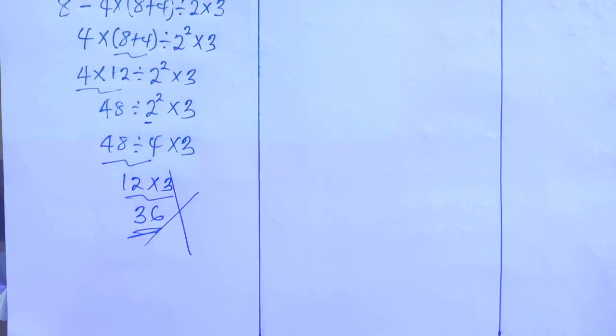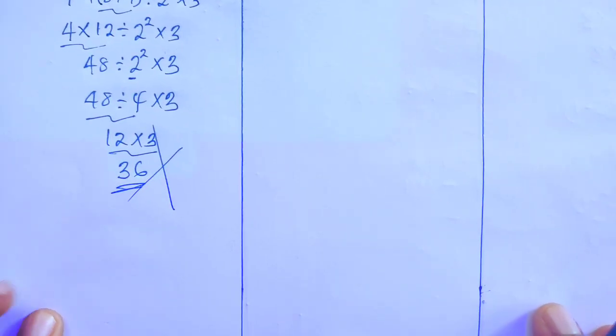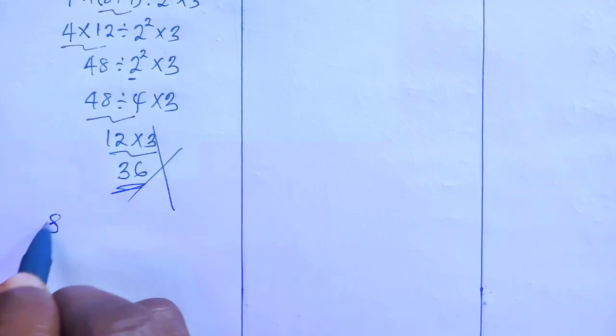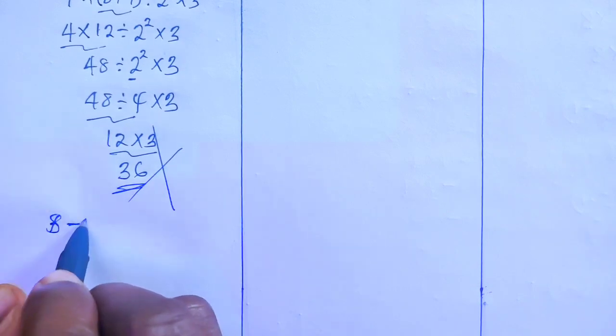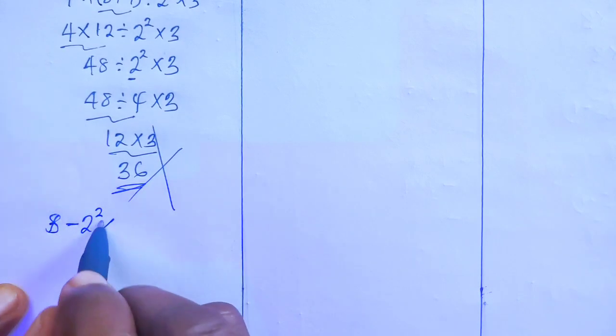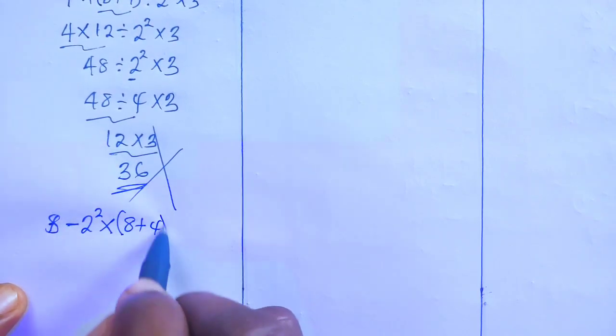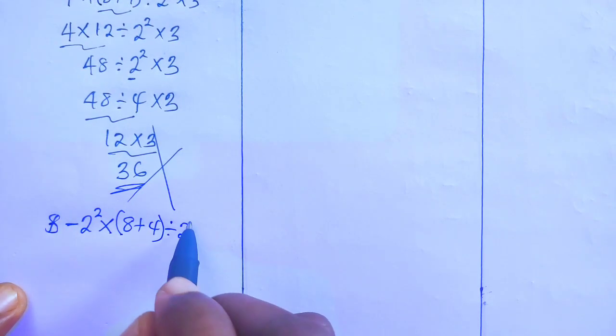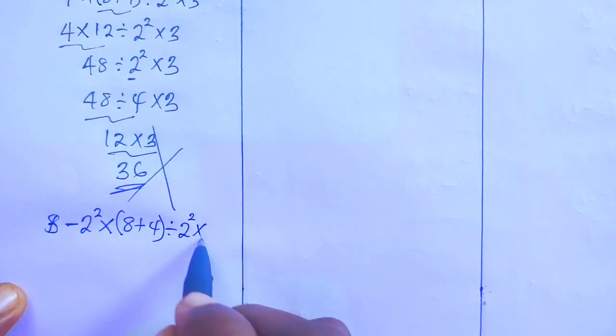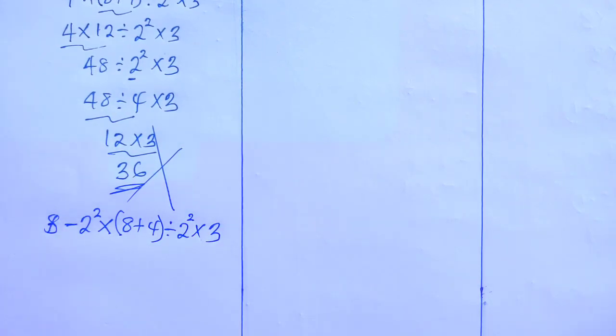To get this right, we are going to have 8 minus 2 to the power of 2 multiplied by 8 plus 4 divided by 2 to the power of 2 multiplied by 3.